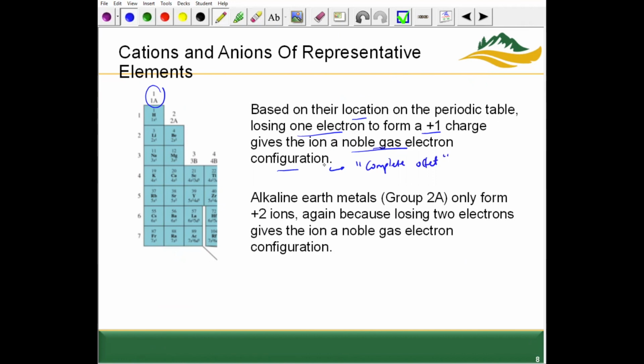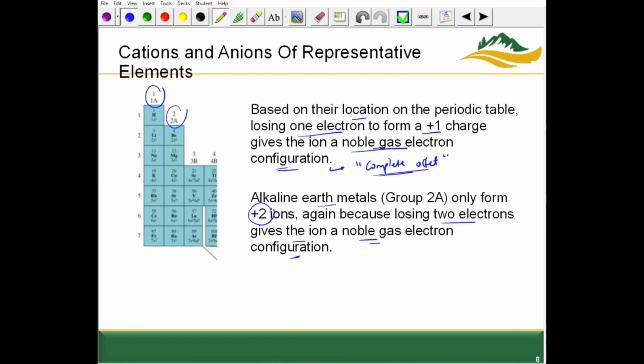So noble gas electron configuration, a happy complete octet. Then the alkaline earth metals in group 2A, these will form +2 ions, meaning they are losing 2 electrons, still for the same goal to reach a happy complete octet, or in other words, noble gas electron configuration. Noble gases have that happy complete octet, or if it's helium, have a happy complete duet.